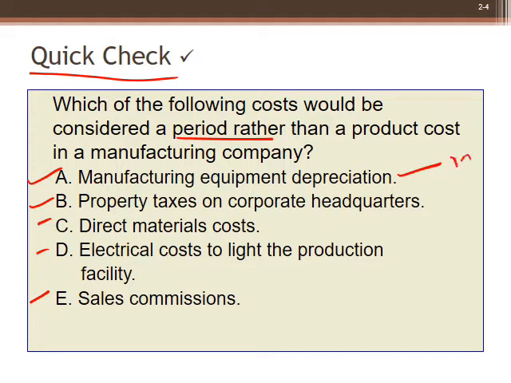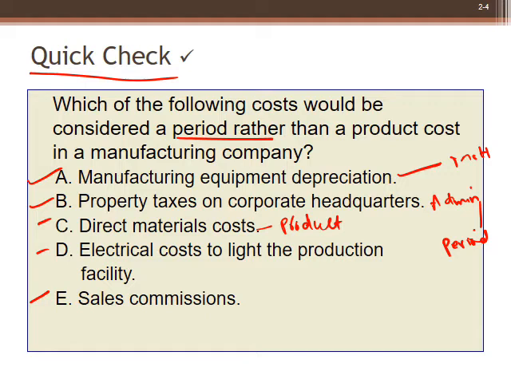belongs to manufacturing overhead, which belongs to product cost. Property taxes on corporate headquarters belongs to admin, which means it belongs to period cost. Direct material cost belongs to product cost.